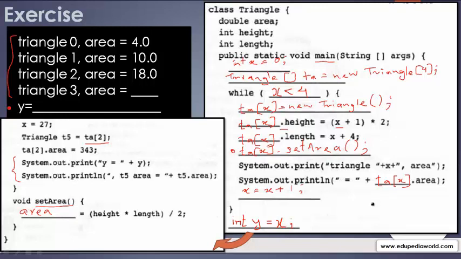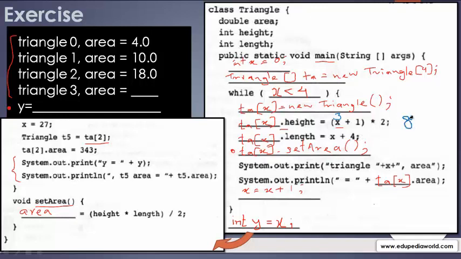Okay, now we have completed the class triangle. Now we have to fill the blanks in the output. So in here, when the value of x becomes 3, we have to calculate the area. So that means in here the value of x is 3 and 3 plus 1 is 4 and 4 multiplied by 2 is 8.